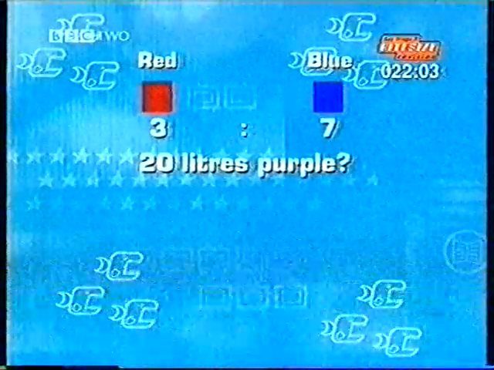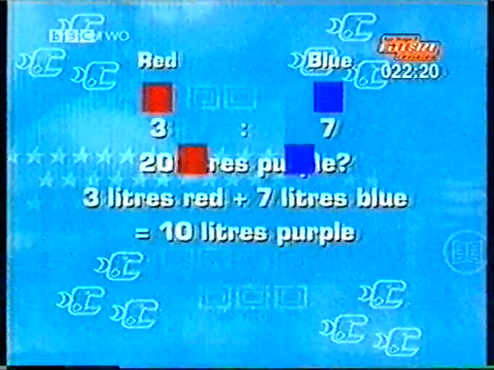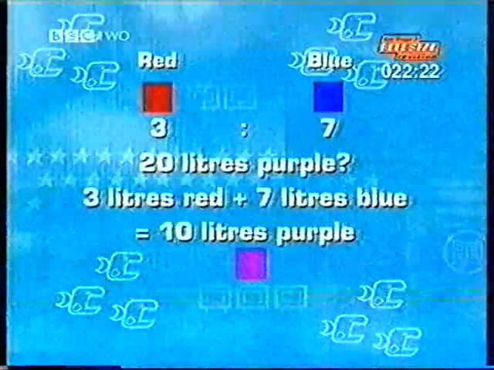And we are asked how much of each colour we need to make 20 litres of purple paint. Well, as the question has told us the units we are dealing in, litres, let's assume it is 3 litres to 7 litres. 3 litres of red and 7 litres of blue, that makes 3 plus 7, 10 litres of purple paint altogether.